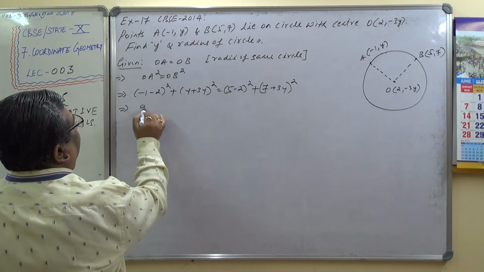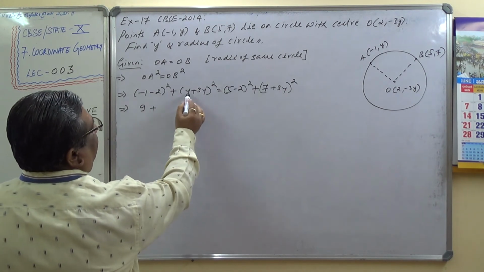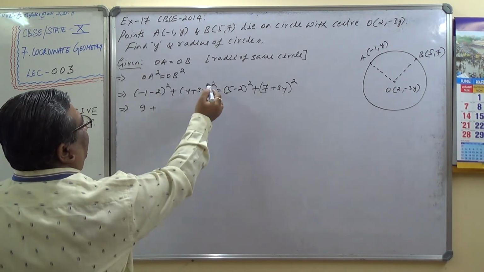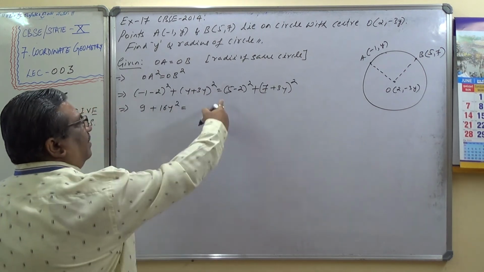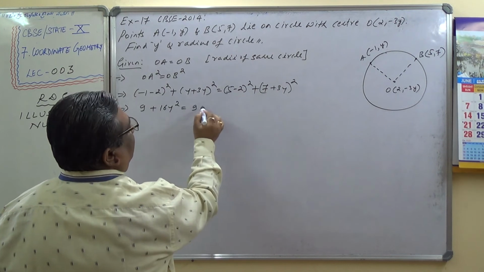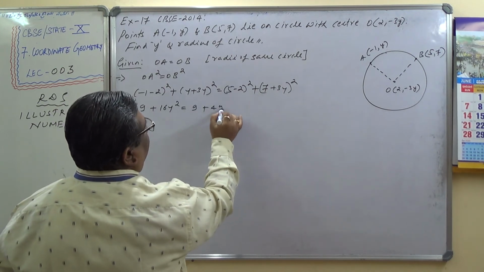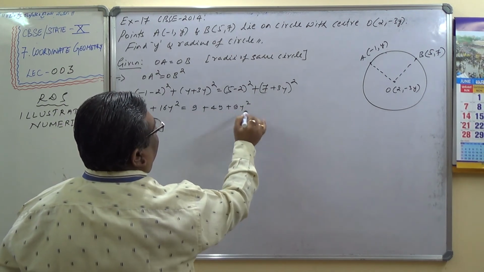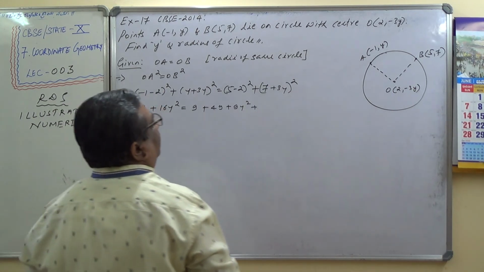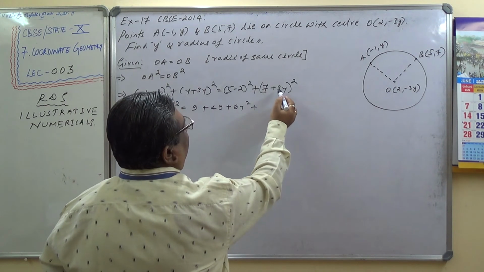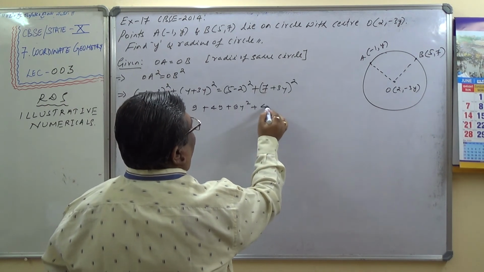Now, how much is this? Minus 3, 9. Plus y plus 3y, 4y the whole square is 16y square. 5 minus 2, 3 square, 9, plus 49, plus 9y square, plus 2 into 7 into 3, 14, 2 into 21 into 2, 42y.